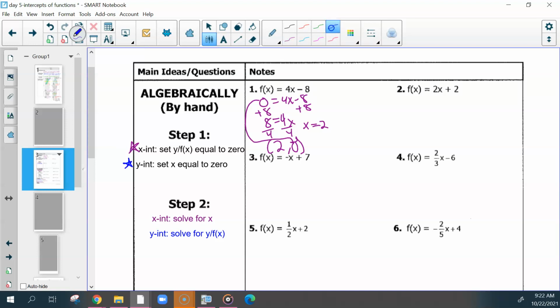Then we can find our y-intercept by setting x equal to 0. So if we were doing function notation, that'd be f of 0 equals. So I would put 0 in for x. I'm trying to find f of x. The 0 times 4 would just be 0.